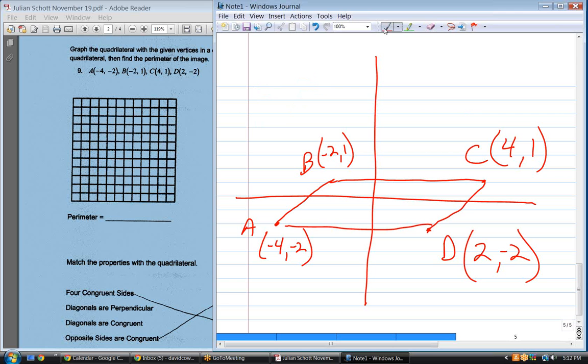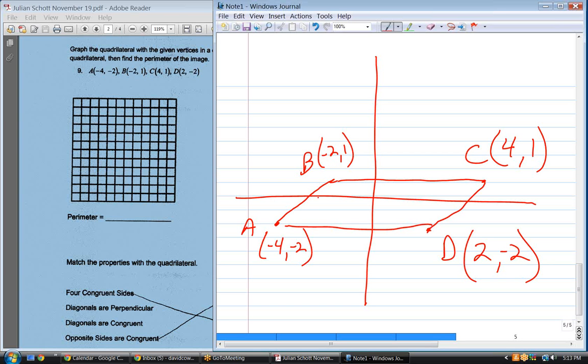When you have a line that is parallel to another line, what is true about their slopes? They have to be the same. Parallel lines have the same slope. Perpendicular lines have negative reciprocal slopes.